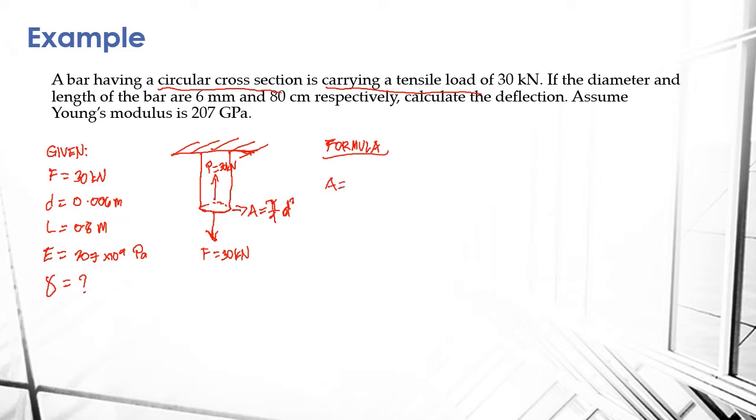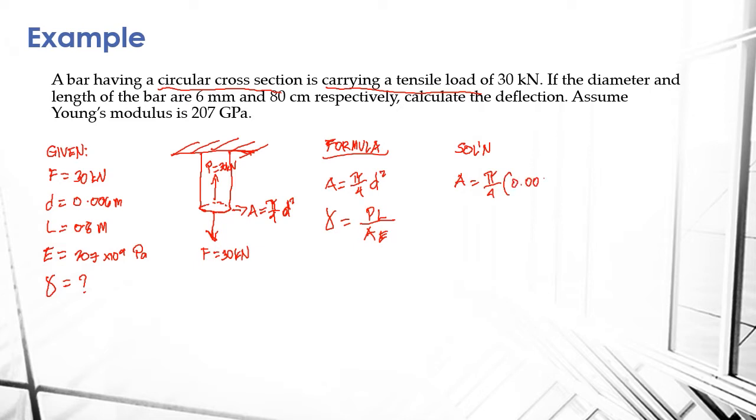Area is equal to pi over 4 d squared. Unsa pa ang formula? Elongation is equal to PL over AE. Diretso na ta sa solution. First, i-solve nato ang area. Area is equal to pi over 4. Pila ang D?